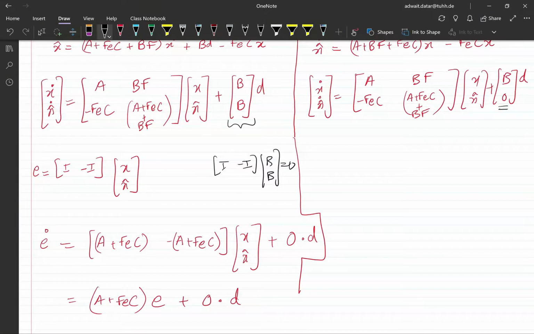Note that in the other case, we don't have this, and we will get A plus FeC times E plus BD.